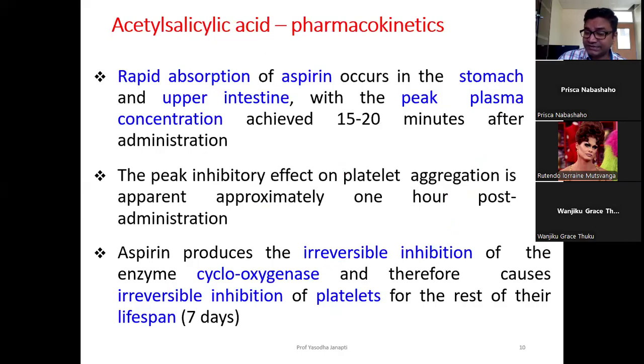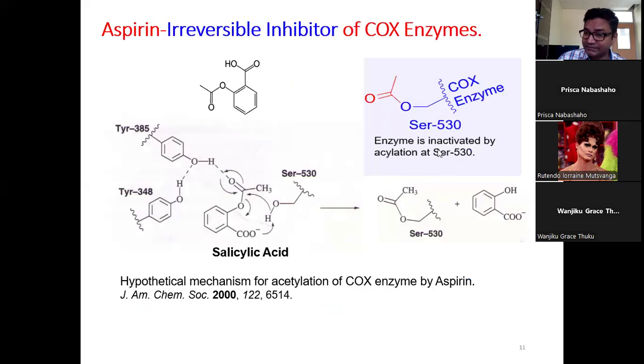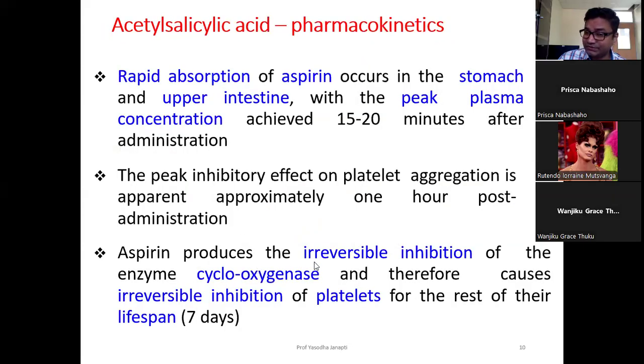This binding, acetylation at serine 530, is irreversible. So aspirin produces irreversible inhibition of the enzyme cyclooxygenase, and therefore causes irreversible inhibition of platelets for the rest of their lifespan. The lifespan of platelets is 7 days.